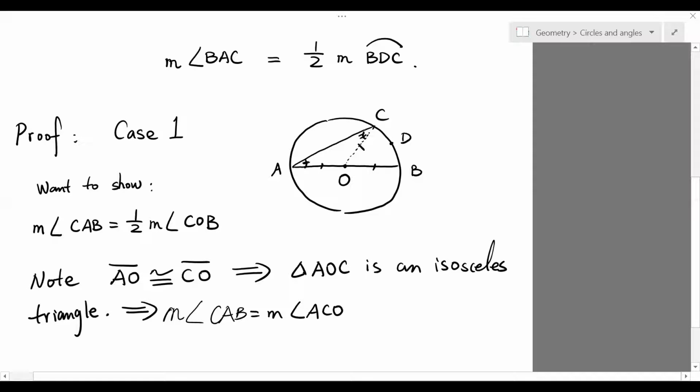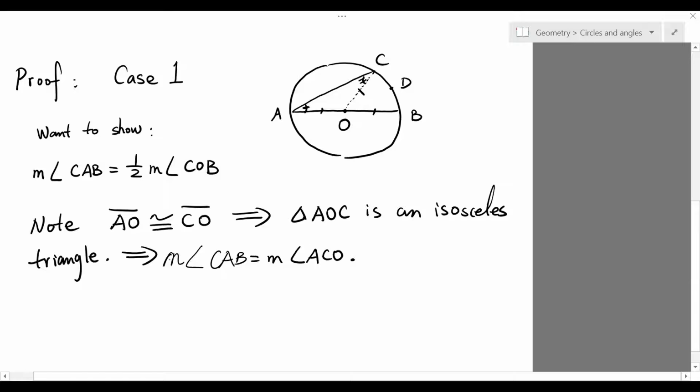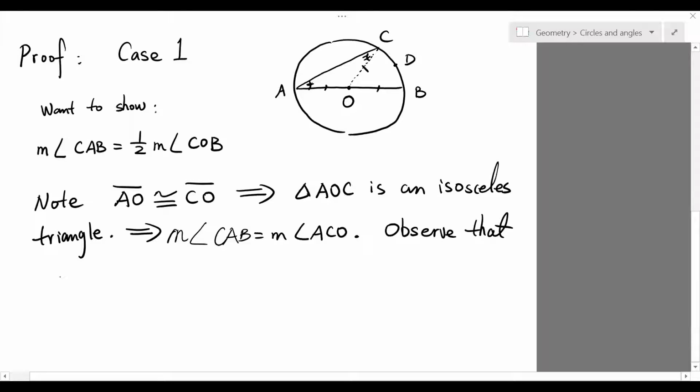At the same time, we observe that the angle COB is an exterior angle to the triangle COA, with the angles ACO and CAO as the non-adjacent angles to this exterior angle.